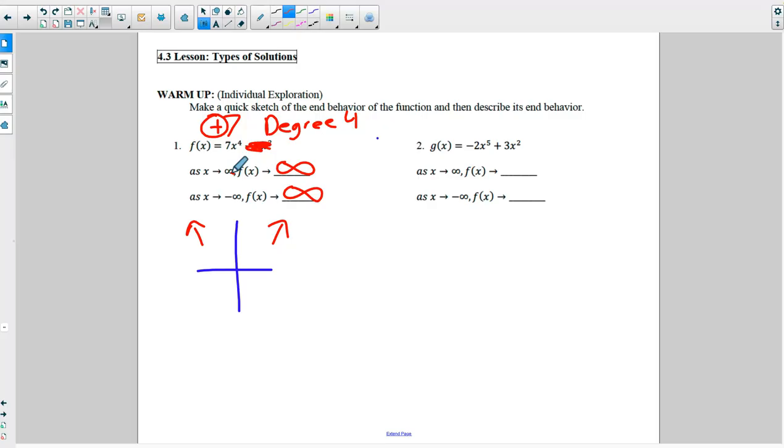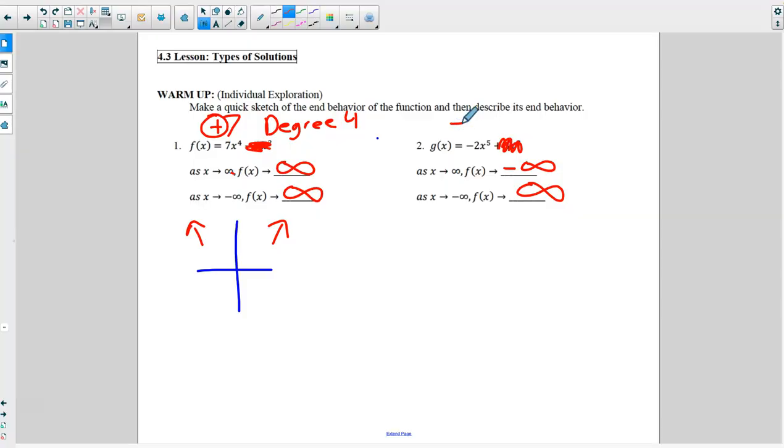What about number 2? Go for it. Negative infinity and infinity. What do we think of that? All right, got thumbs up. For those of you who are unsure, again, this doesn't matter. We don't care about it. What I do care about is the negative.